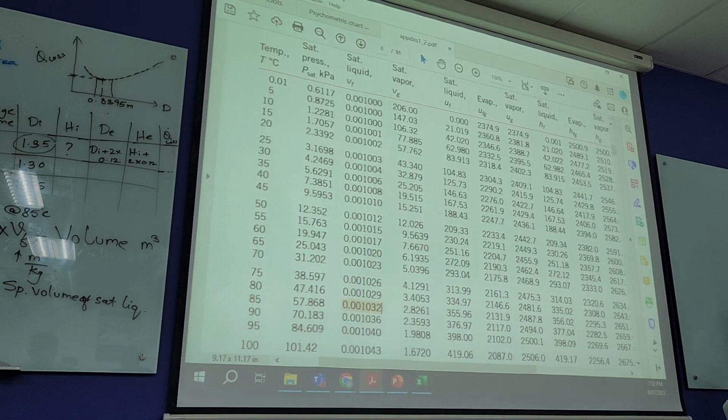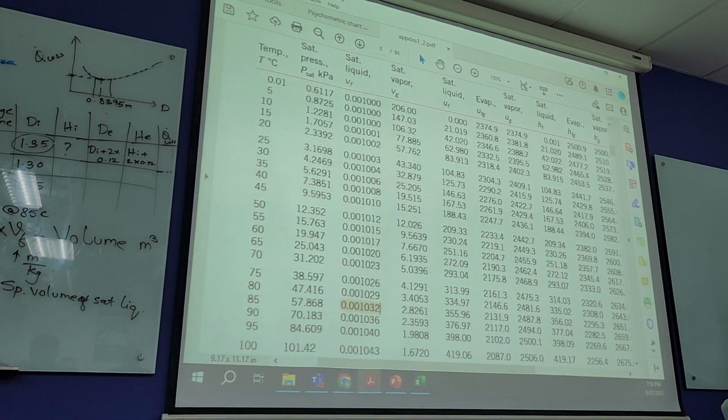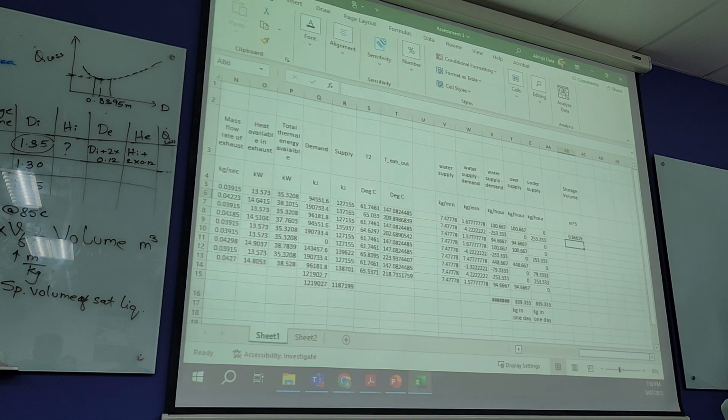Yes, minimum heat loss. How do you calculate the Q loss again? I'm adding 1.1, 10%. Okay. But you can do 5%, 2%, 20%, whatever you want. Just provide the justification, like one sentence. Not more than that.